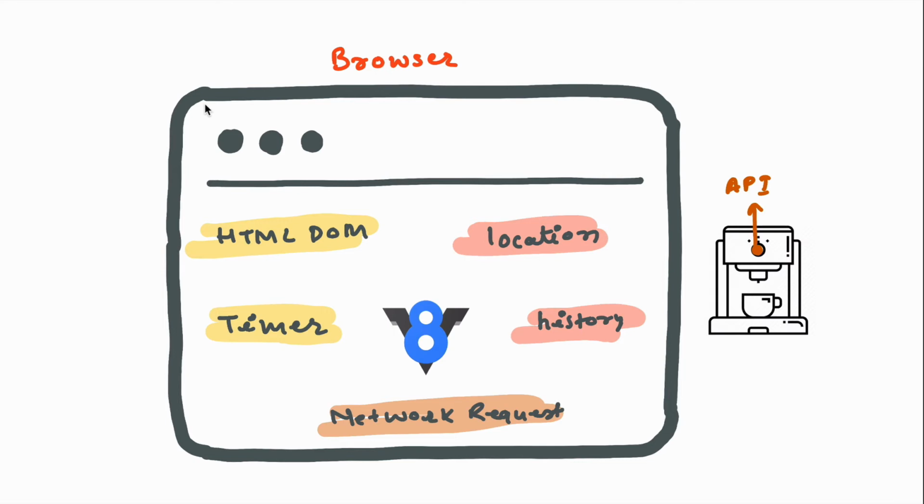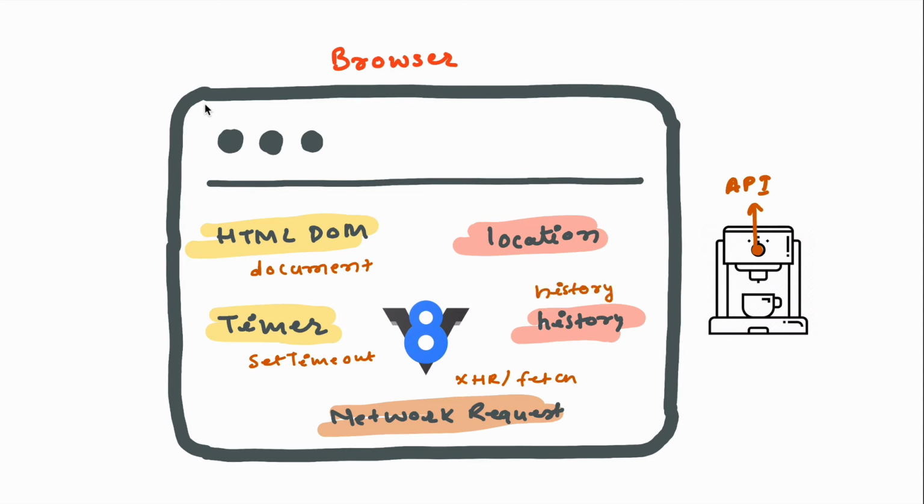You can also think of it as a way for us to interface with these features. So the way to access HTML DOM is by using document. And if you want to interact with the timer, you have to use setTimeout. Similarly, for network request, we use XHR and fetch. For history, we use history.